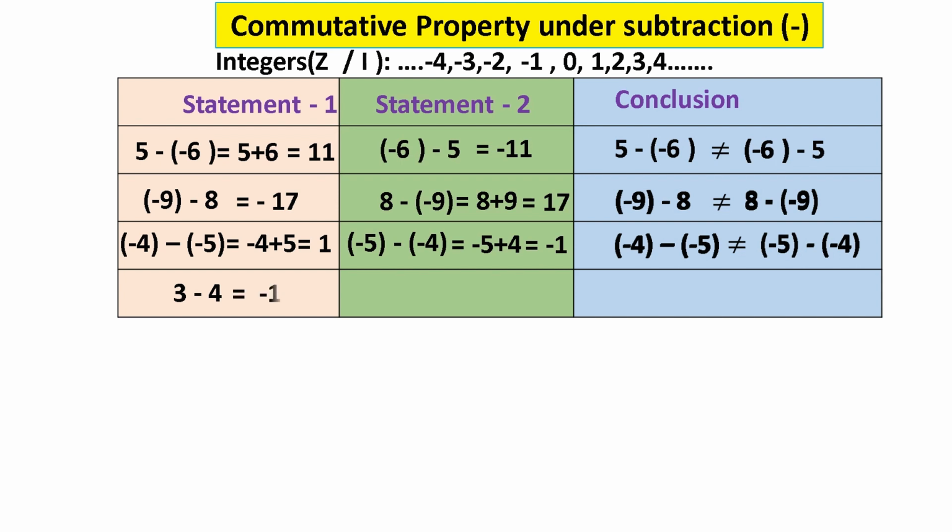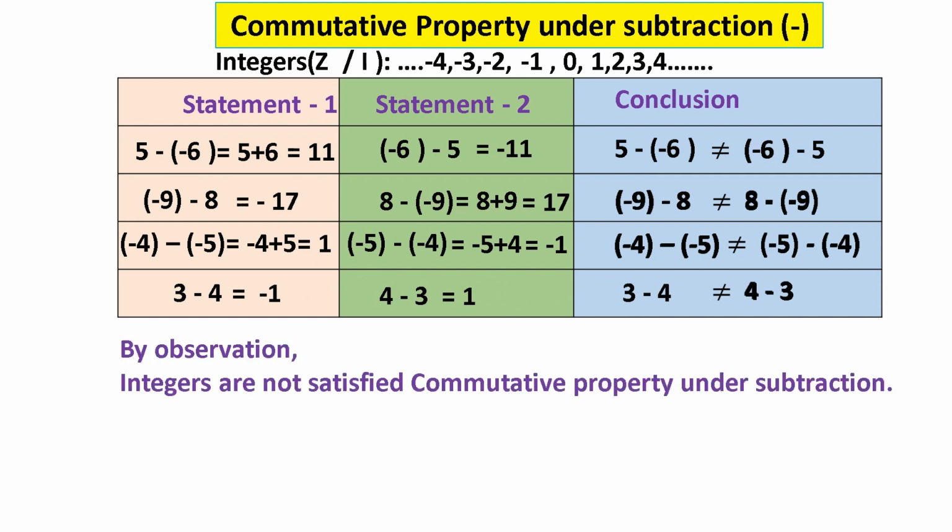3 minus 4, we will get minus 1, and 4 minus 3, we will get plus 1. In this case, we easily understood that it's minus 1 and plus 1. Both are not equal. So 3 minus 4 is not equal to 4 minus 3.